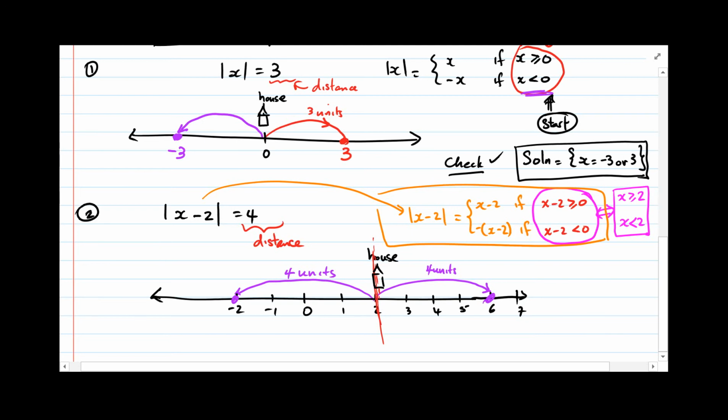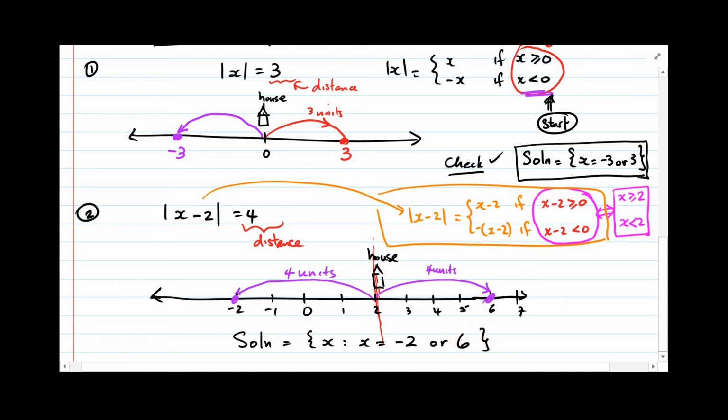So I'm claiming that my solution is just a set of x's such that x is equal to -2 or 6.